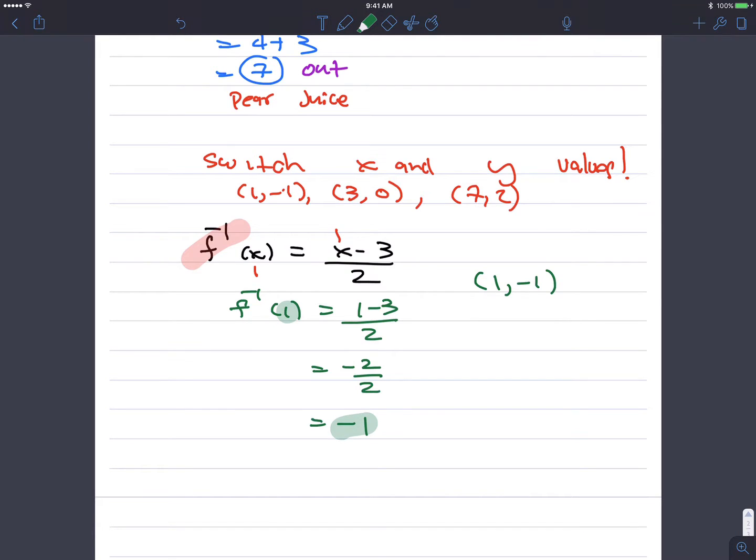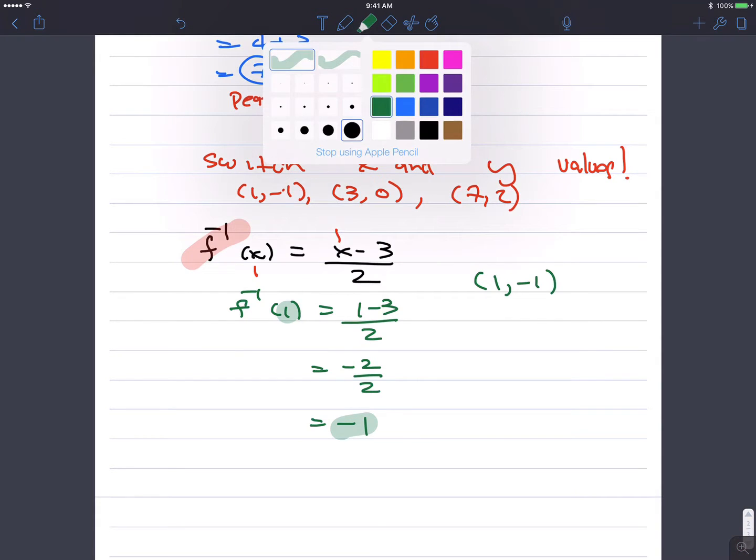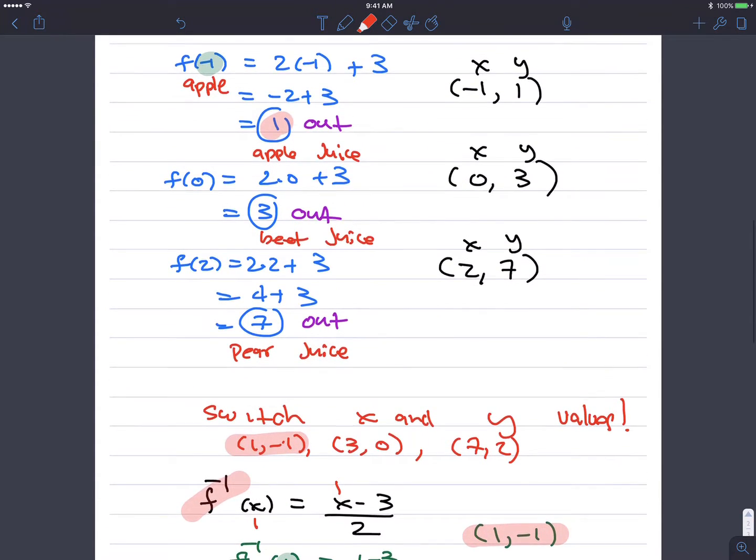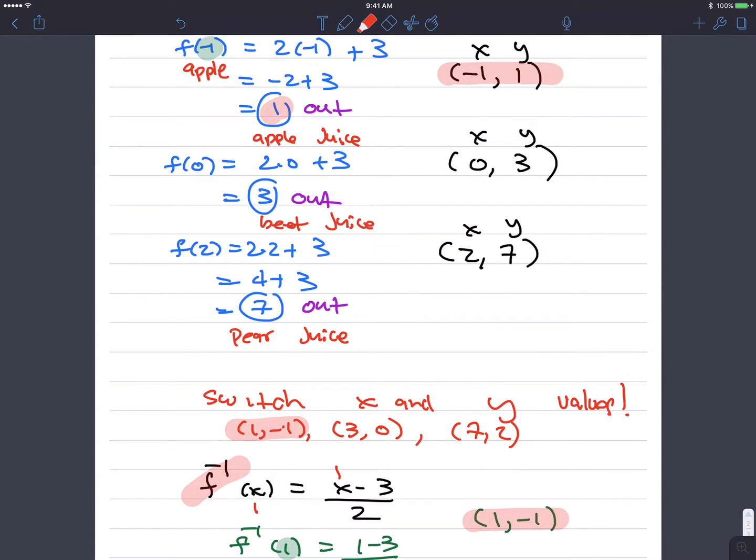Did the ordered pair switch? Is it now (1, -1)? Yes. Right? You see these values go back over here in red. (1, -1) is what we got here. They switched from the original (-1, 1). Those two switched. Okay, so it's working how? In reverse. Okay, you okay with that? It's working in reverse?